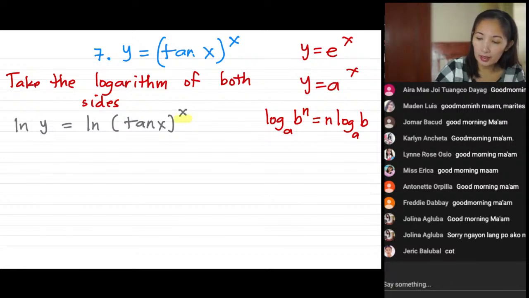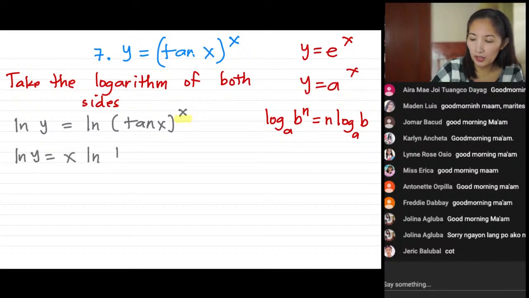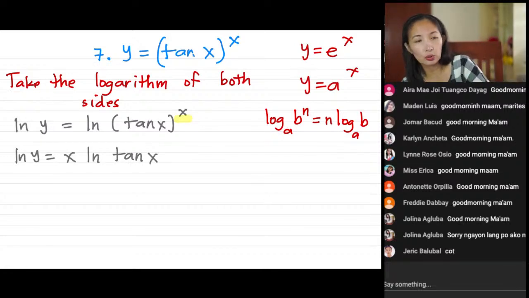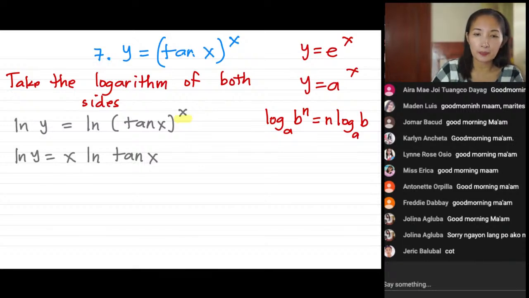We can write this now as the natural logarithm of y is equal to x times the natural logarithm of tangent x. And now apply implicit differentiation to find y prime or dy over dx.